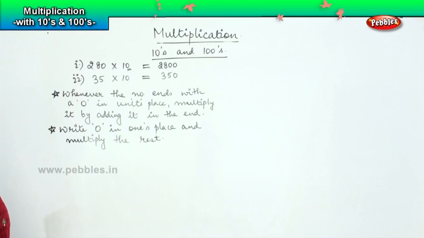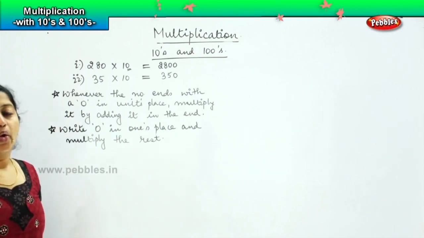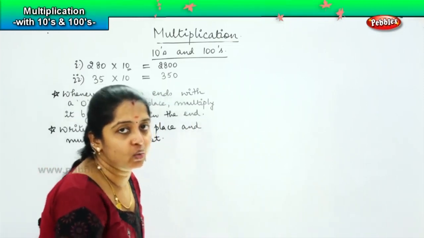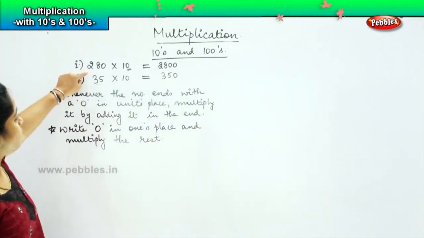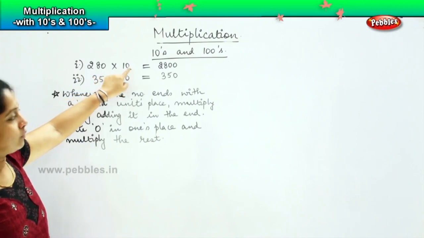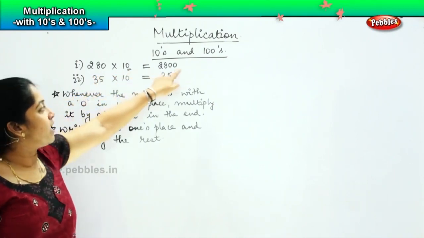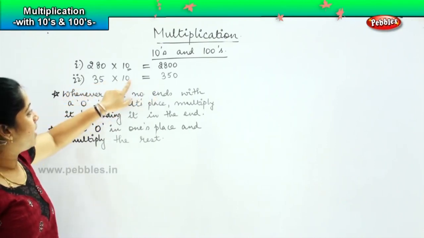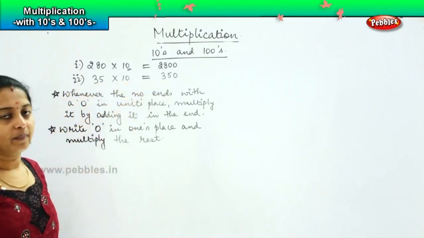So, this is the basic rule which we will be applying when we are multiplying with a number that is ending with 0. Okay. Say here it was 28 into 1, which is 28, and then 0 we have added towards the end. Similarly, 35 into 1 is 35 and 0 we have added towards the end.